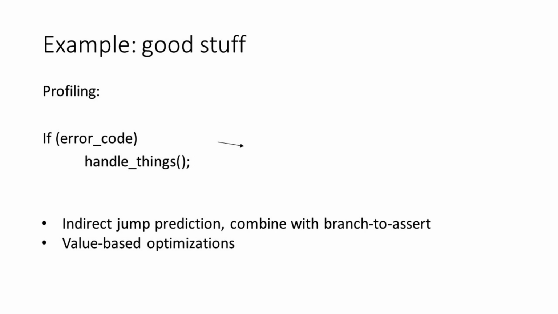This example illustrates something about the good stuff which an optimizing compiler can have. Of course, these examples are a little bit distilled. So we have some condition on an error code, and if an error happens, we just call some function which does fixing stuff and handling this specific error code.